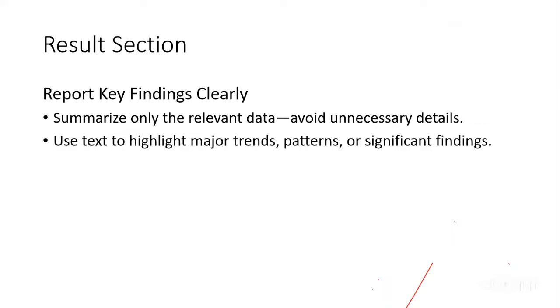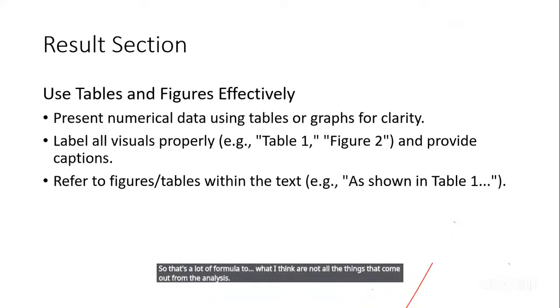Report key findings clearly, summarize only the relevant data, avoid unnecessary detail, and use text to highlight major trends and patterns. Once you form your table, I told you not all the things that come out from the analysis are what you are going to report.